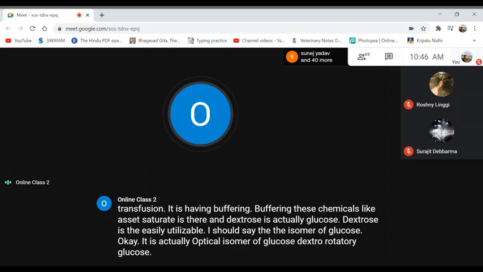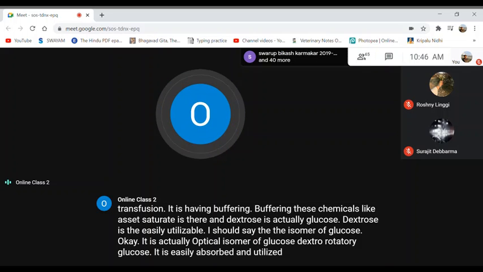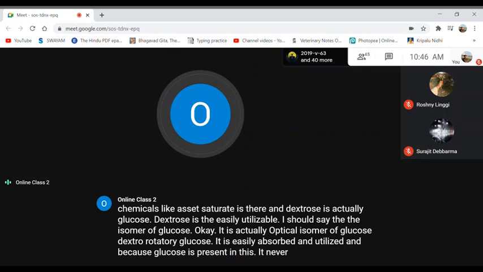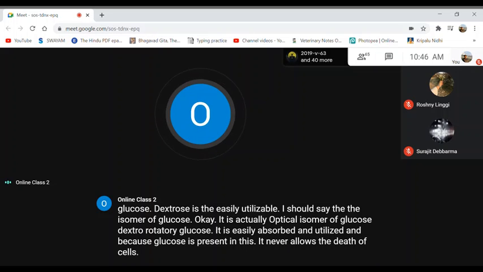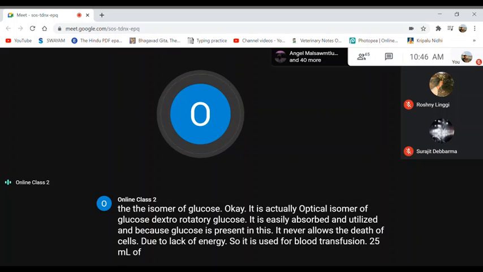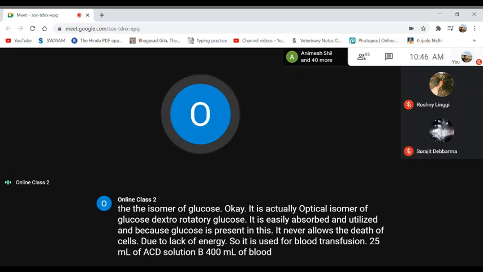It is easily absorbed and utilized, and because glucose is present in this, it never allows the death of cells due to lack of energy. So it is used for blood transfusion. 25 ml of ACD solution B per 100 ml of blood.